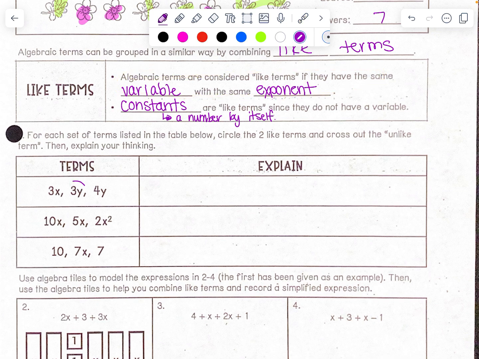So that means 3y and 4y are like terms, and 3x is not. Why? Because they have the same variable with the same exponent.